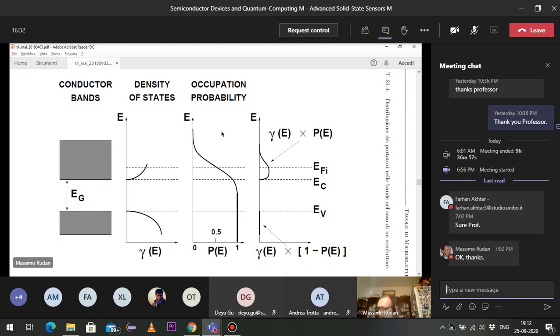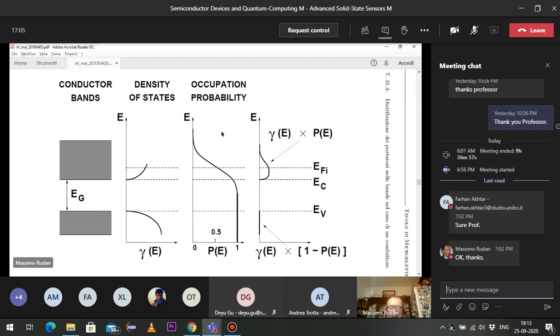This situation is typical of conductors, like metals, for instance, which have a situation in which the Fermi level is inside one of the bands, and this band takes the name of conduction band. And this is the only band that may contribute to the conduction, to the current density of the material.